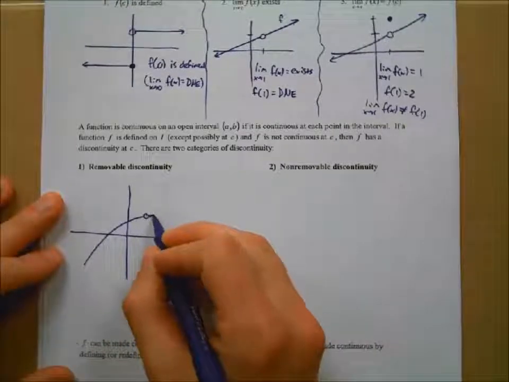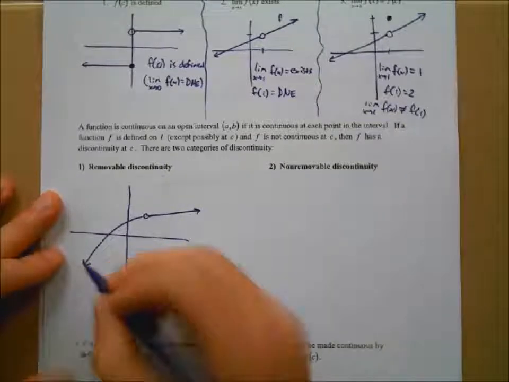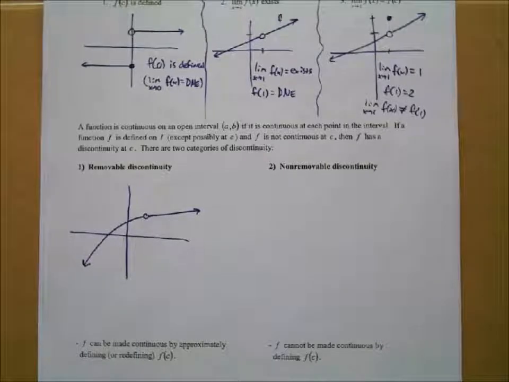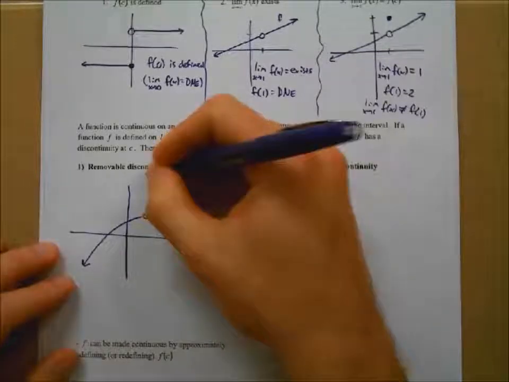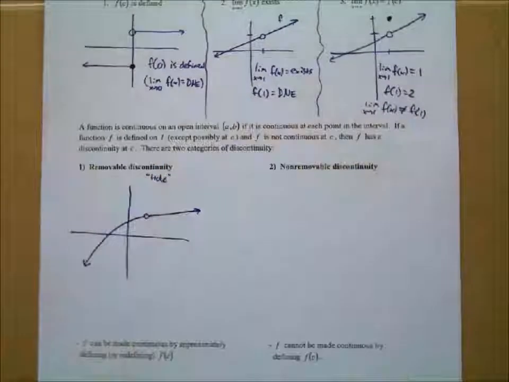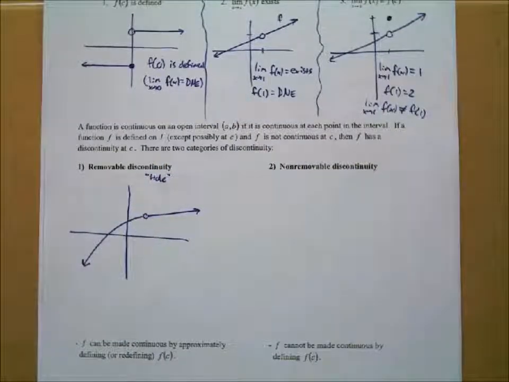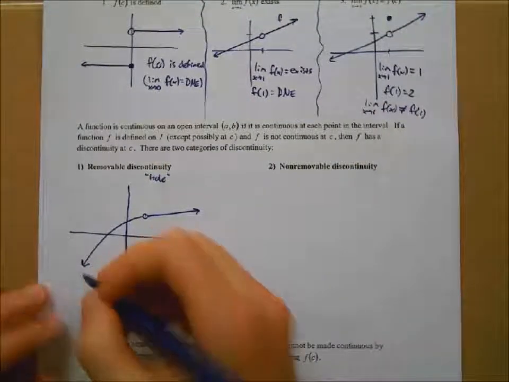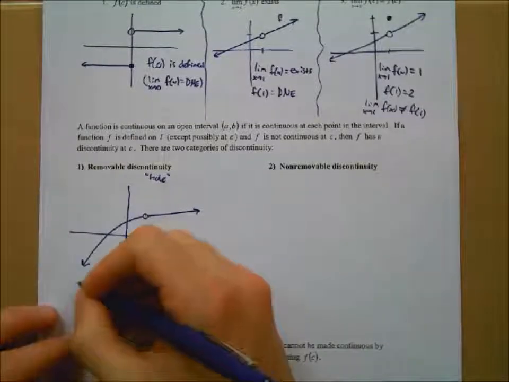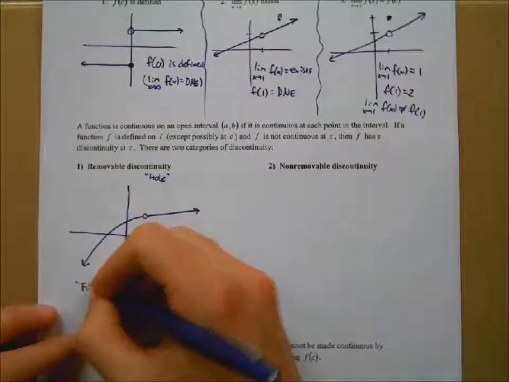If I just draw a function here, something like that. Okay. It looks like this, right? It's a hole. Okay, the typical kind of removable discontinuity that we think about is a hole. The idea here, right, we call this removable because we can fill in the hole.